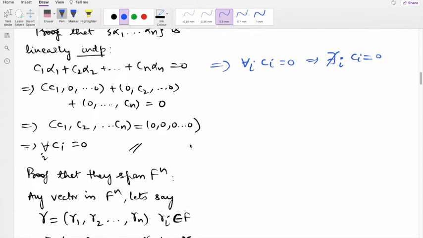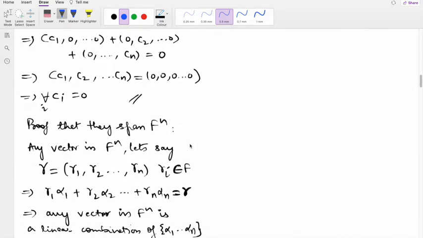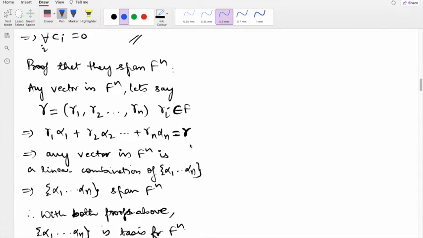Then we'll see whether they span the vector space or not, right? So spanning in the sense, we need to show that any vector in Fn, let's say we have a vector called gamma, which has elements gamma 1 to gamma n, and since it's the vector space Fn, each of these gamma i's are basically elements of the field F, right?